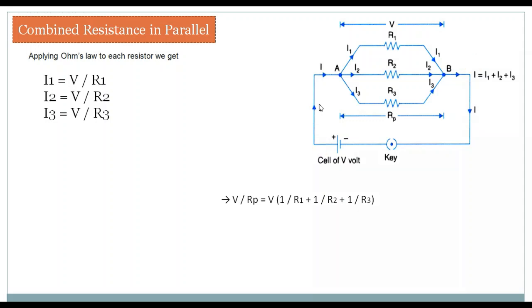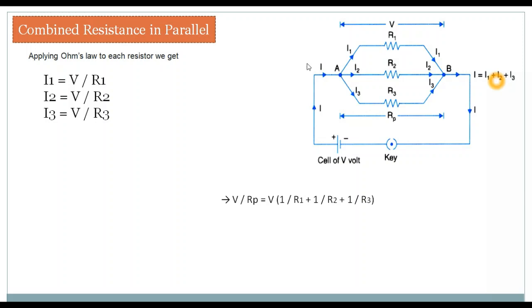If current I is flowing here, and parts I1, I2, I3 go through these resistances, then I1 plus I2 plus I3 is again equal to I, which comes out from point B. So I is equivalent to I1 plus I2 plus I3.